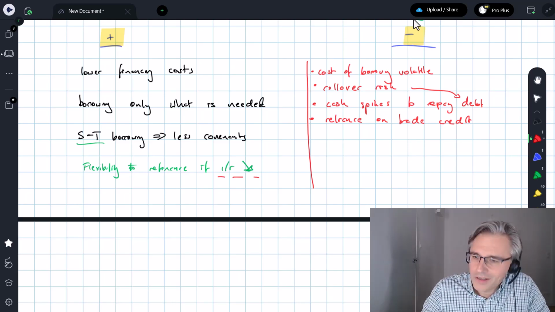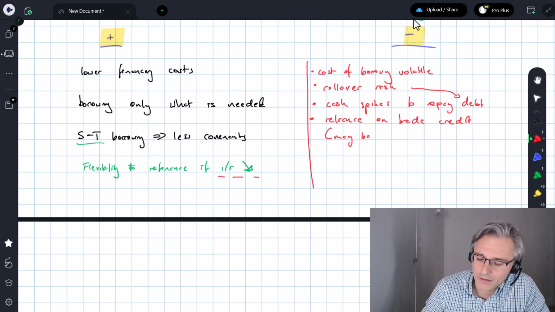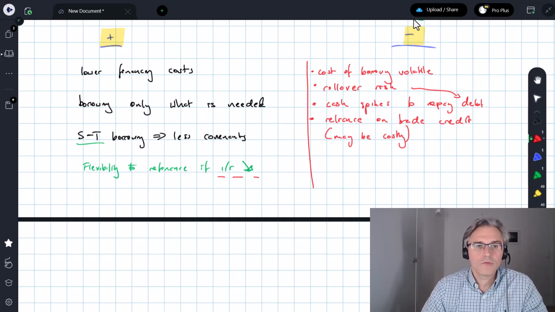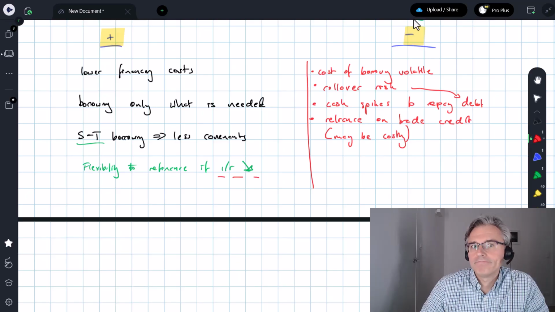So reliance on trade credit, although it's never explicitly stated, may be quite costly to use if you're foregoing a prompt payment discount or some kind of quick payment discount. That is in itself a disadvantage, right?